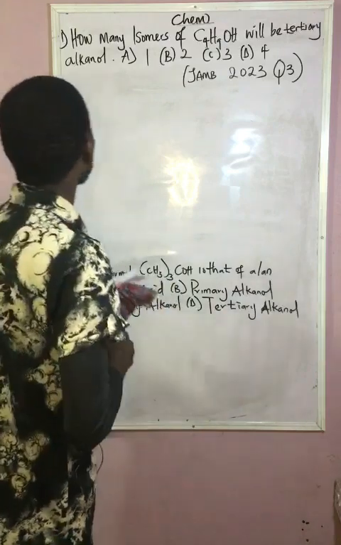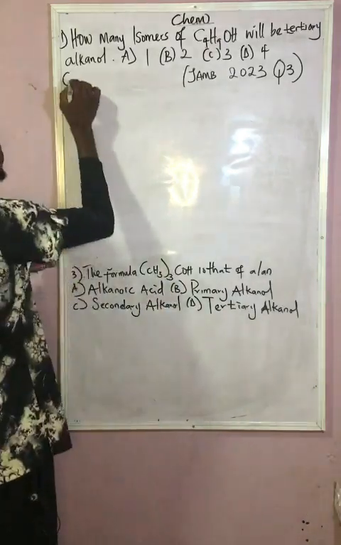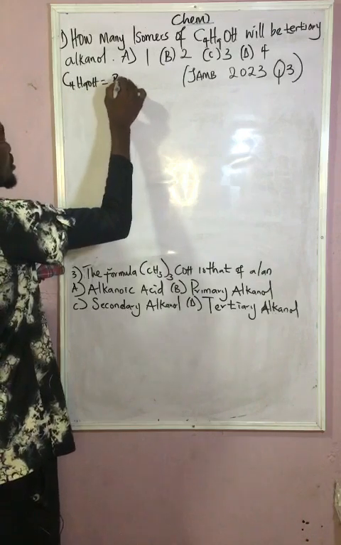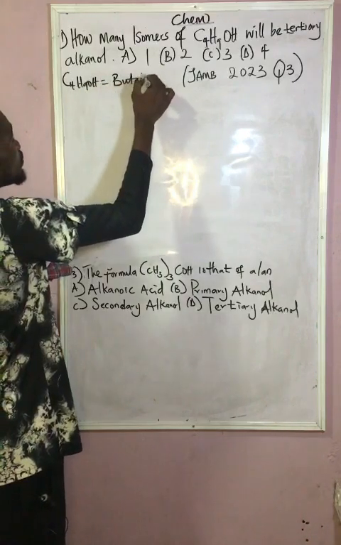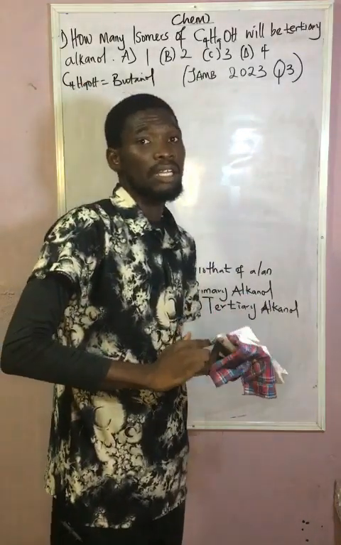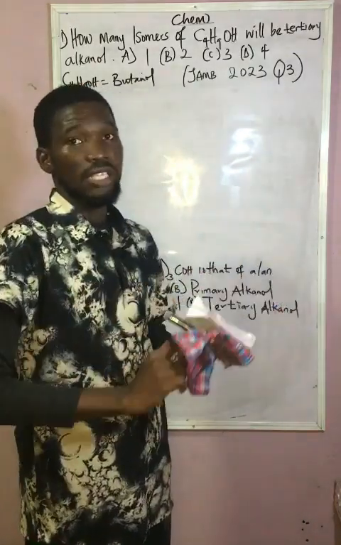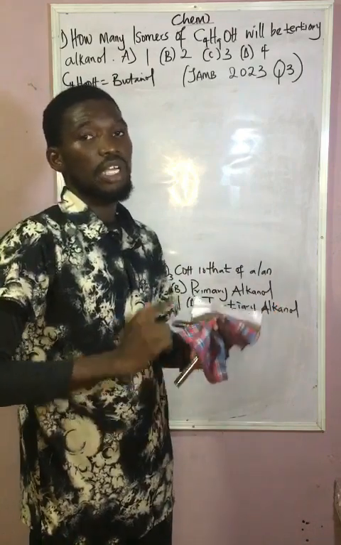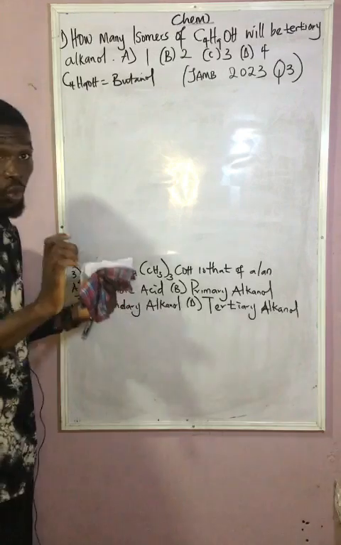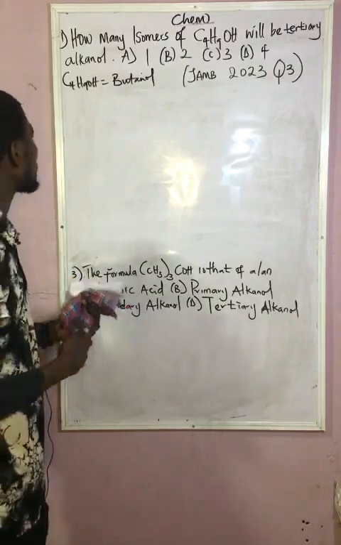So guys, C4H9OH is butanol. So I will explain the primary alkyl, the secondary alkyl, and the tertiary alkyl. How can we easily determine it? It is very simple, as I've said earlier.